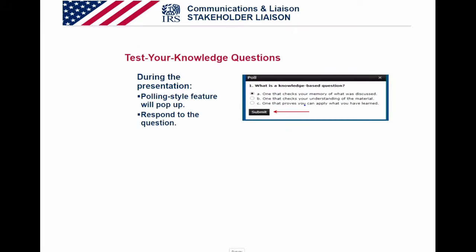During the presentation, we'll take a few breaks to check in and engage with you. At those times, a polling style feature will pop up on your screen with a question and multiple choice answers. Select the response you believe is correct by clicking on the radio button next to your selection and then click Submit. If you do not get the polling question, this may be because you have your pop-up blocker on.